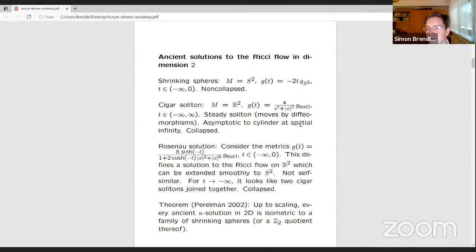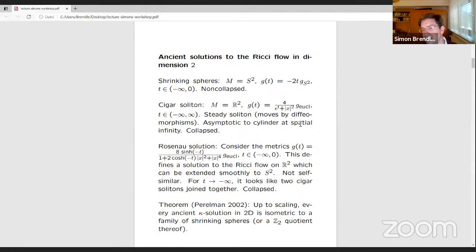Now, if you look at the asymptotic behavior of this thing near infinity, well, if x is large, the e to the t becomes negligible. And then what you see is the conformal factor of the cylinder. So therefore, this cigar soliton is asymptotic to a cylinder of some finite radius as you go out to spatial infinity.